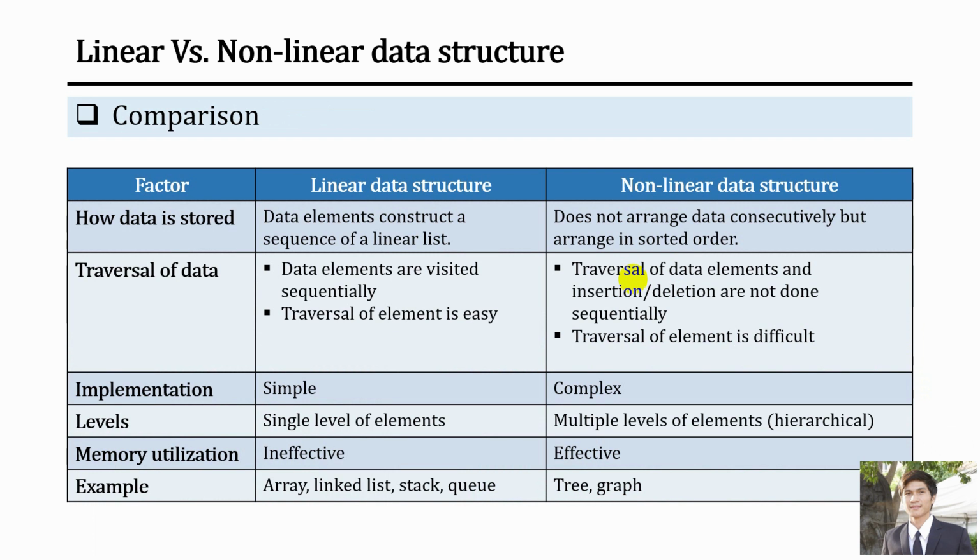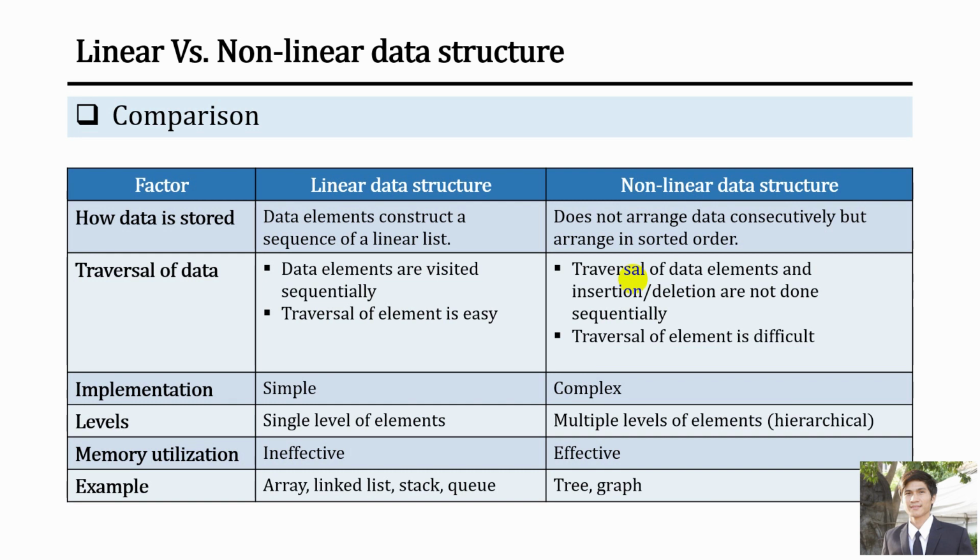So here is the comparison between the linear and non-linear data structures. We focus on how our data is stored, how we can access our data, how we can implement it, the level of nesting of our data, and memory utilization.